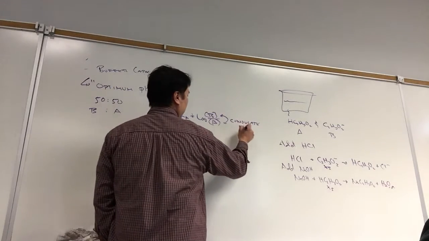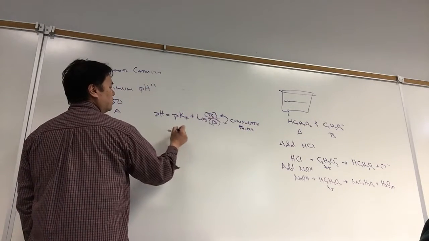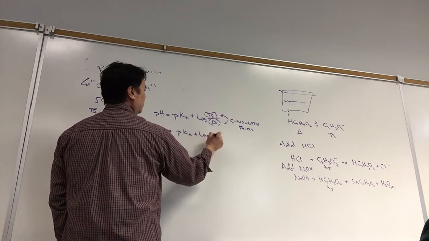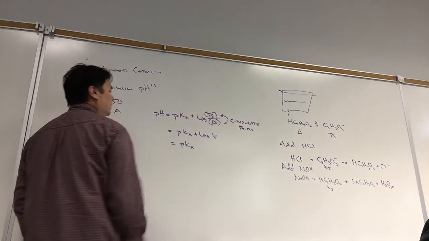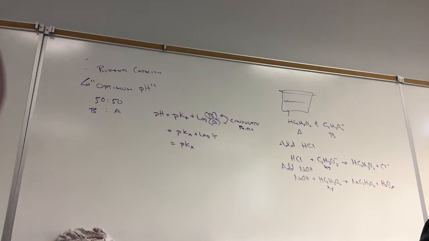With conjugate pairs in a 1-to-1 mixture, this comes out to pKa plus the log of 1, which is just 0. And so the pH is equal to pKa. The optimum pH of a buffer system is just equal to its pKa.